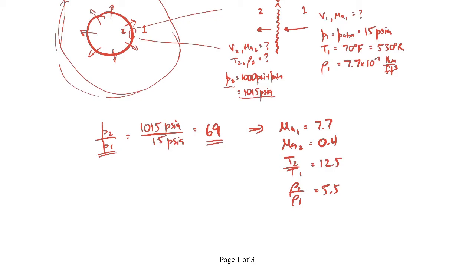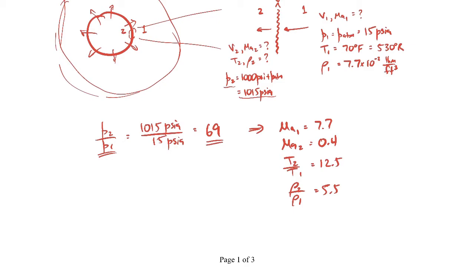One thing I just want to highlight here is you see that shock waves are faster than sound waves, right? A sound wave would travel at a Mach number of 1. This is traveling at 7.7 times that speed. So shock waves are faster than sound waves. A sound wave is actually an infinitesimally weak shock wave. So you're not going to outrun the shock wave, right? It's going way too fast.